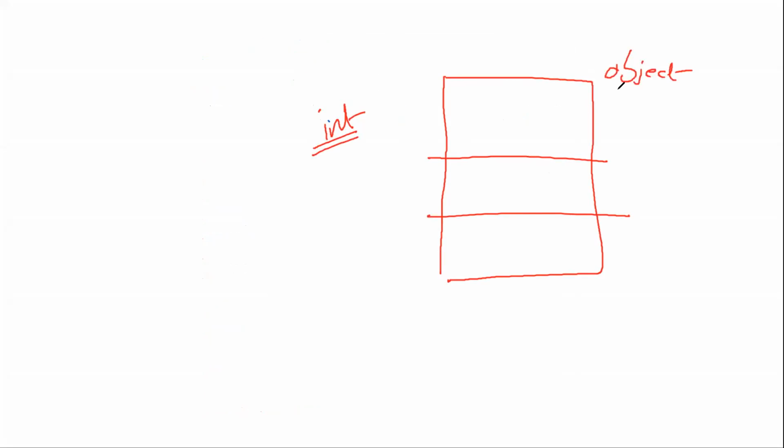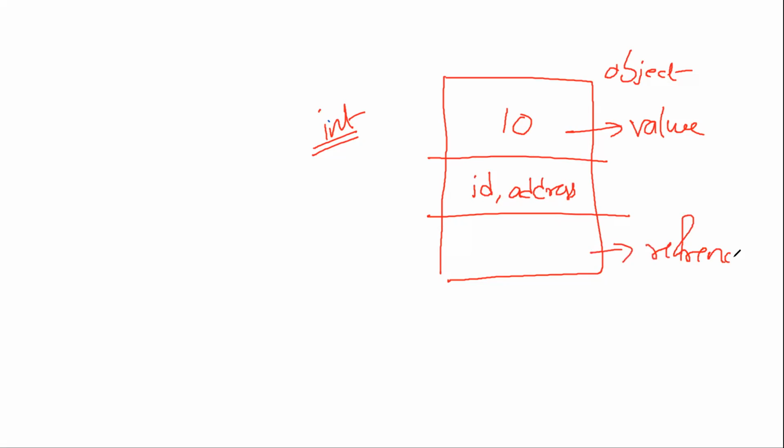This is the object where we have the value 10. This is the value. And this is the identity or address where it is stored. Definitely it will be somewhere in the memory, right? This is the address. And then here we have the references.